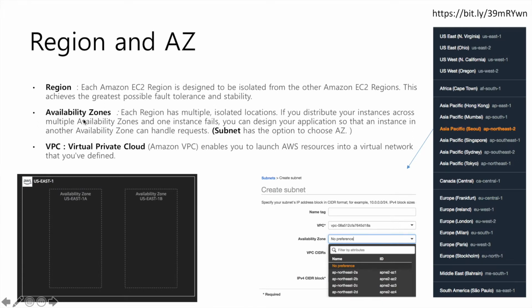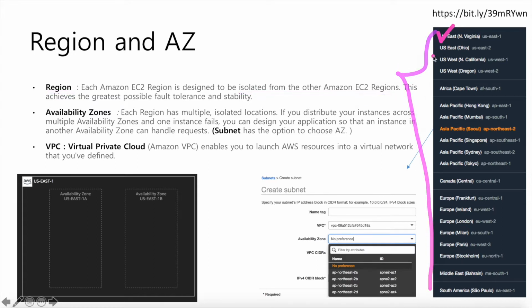Also, the first thing we have to remember is region and availability zones. It's very hard to say, so usually I say AZ. Region is isolated from the other regions. If you see this, this is a list of regions.